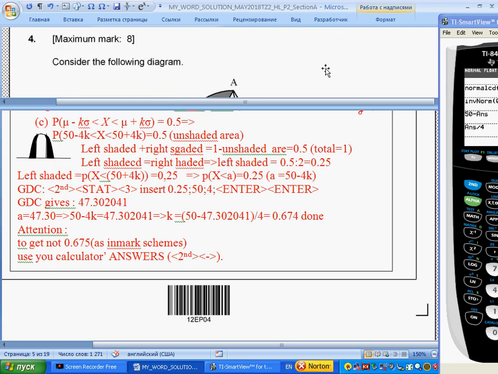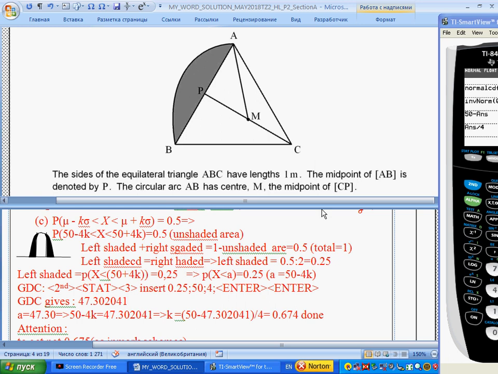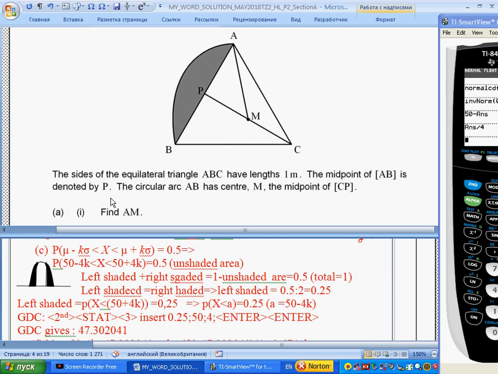We come to question 4. Question 4 is geometry, and let us see what they give you. The sides of equilateral triangle ABC have length 1 meter. Midpoint of AB is denoted P. The circular arc AB has center M, the midpoint of CP. Find AM.